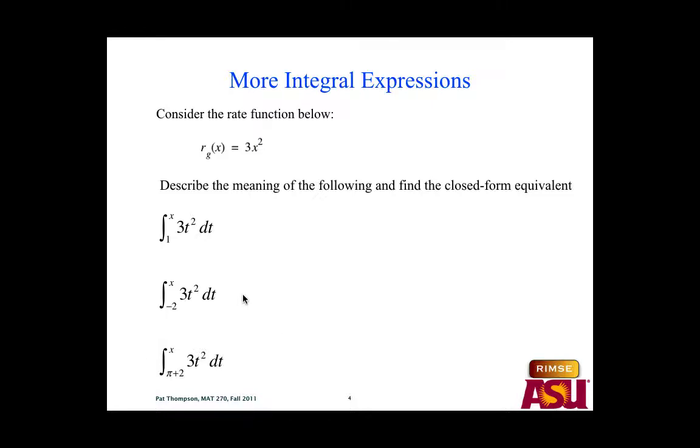So the meaning of each of those is the net change in the y values. I know x cubed is an increasing function. This tells us how much it increases between 1 and x. Now if x were something less than 1, that net change would come out to be something negative. It makes more sense to write 1 through x if x is larger, but it doesn't have to be. It can be any valid variable value.